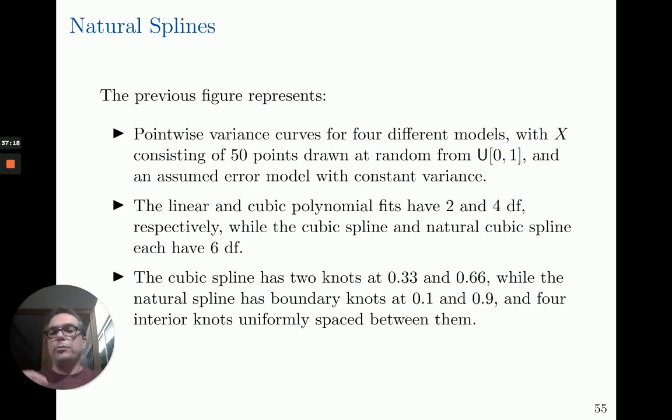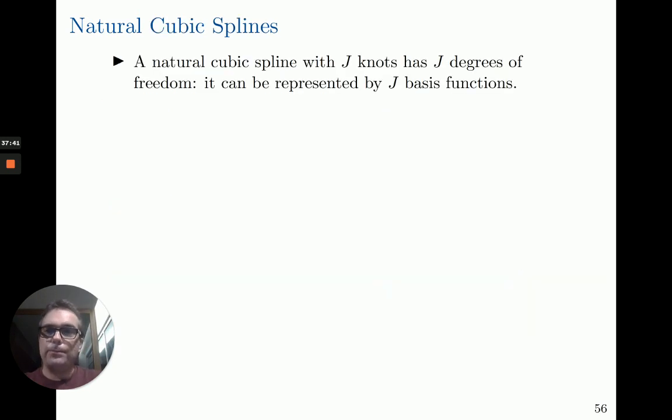The cubic spline has 2 knots at 0.33 and 0.66, while the natural spline has boundary knots at 0.1 and 0.9 and 4 interior knots. So you have many more knots in between, and you can approximate your function much better by restricting the extremes.